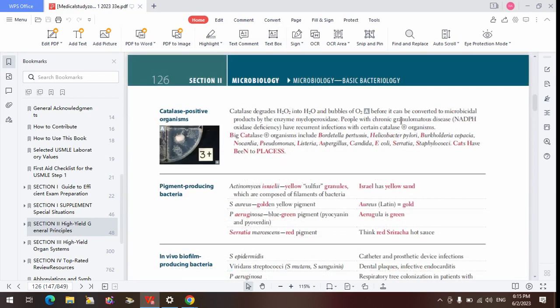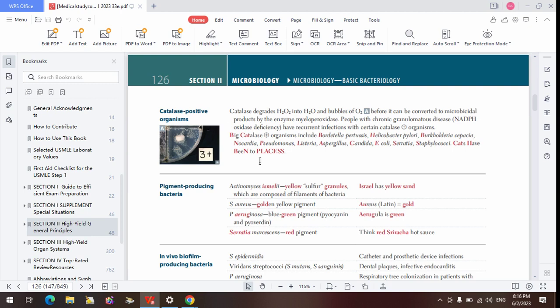Catalyst degrades hydrogen peroxide to water and oxygen before it can be converted to a microbicidal product like hypochlorite by myeloperoxidase. So people with CGD, which is NADPH oxidase deficiency, have recurrent infections with certain catalyst positive organisms.